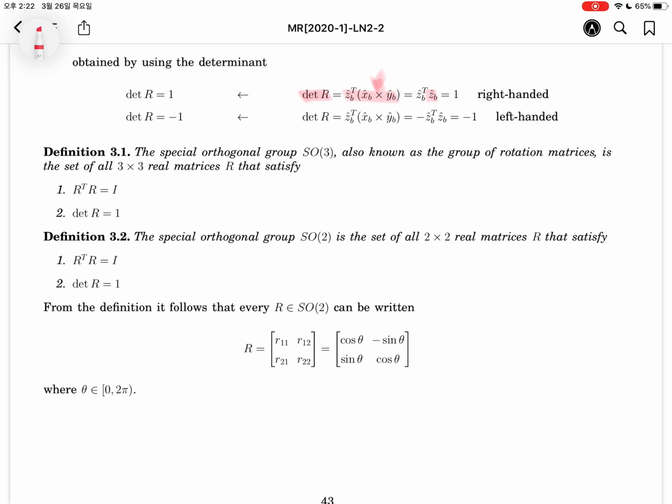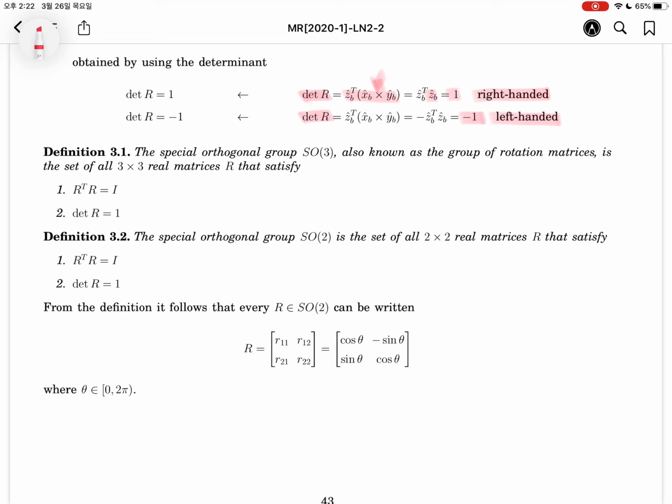So the determinant is 1 if we are using the right-hand rule. On the other hand, if we are using the left-hand rule, the determinant value will be minus 1. So we can check the determinant of the rotation matrix. If you have 1, you are using the right-hand rule. On the other hand, the left-hand rule is used.